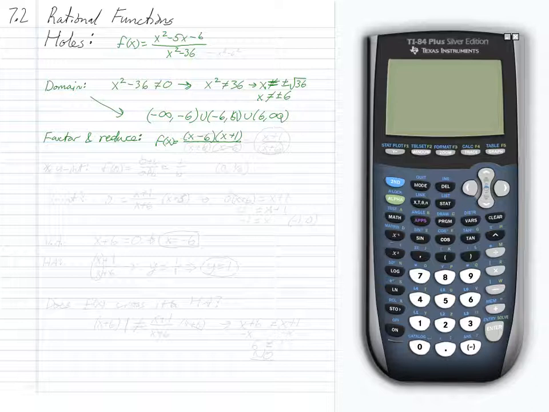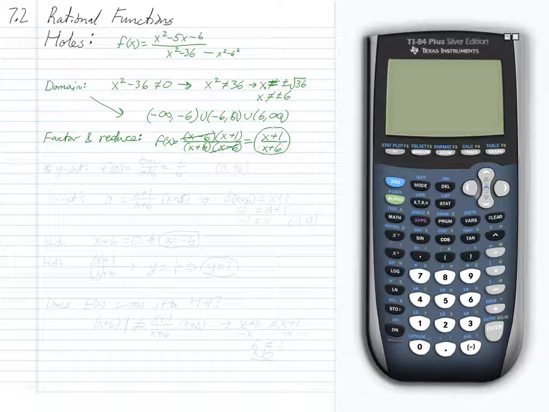So if I think of this as x squared minus 6 squared, I can factor this as x plus 6 times x minus 6. And then I can see how the x minus 6 terms will cancel, and I'll just be left with x plus 1 over x plus 6. So this is the factored and reduced form of our function, and we'll be using this from here on in.